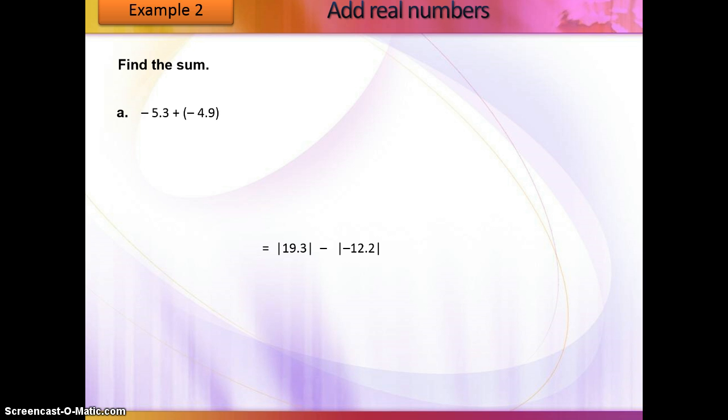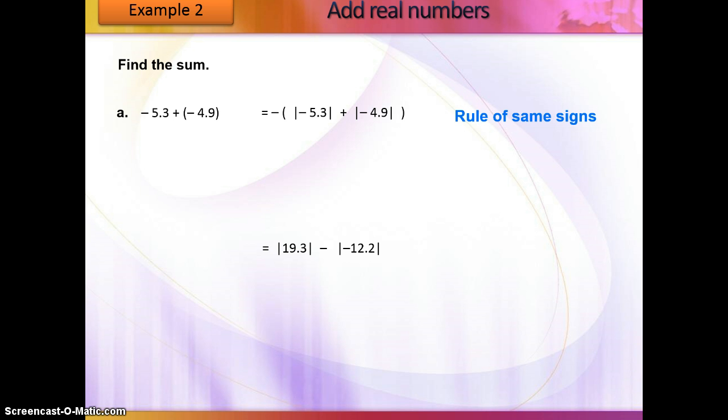Finding the sum. Example A, I have negative 5.3 plus negative 4.9. Since the signs are the same, we will add the absolute value of each number together and keep the sign the same.